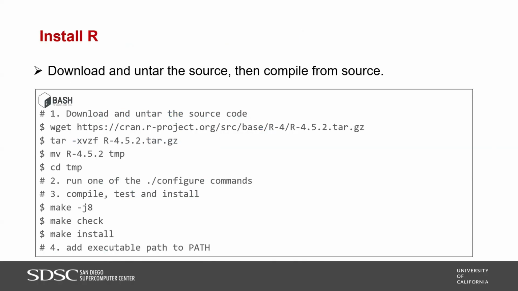Now to install R on HPC, you download and unzip the source code from CRAN and then compile from source. The first step is to download, unzip, and change the source code directory name, and then you run one of the configure commands and compile until you get the executables. Then you add the path to your executable to the PATH environment variable.